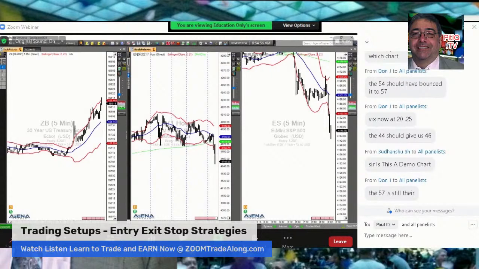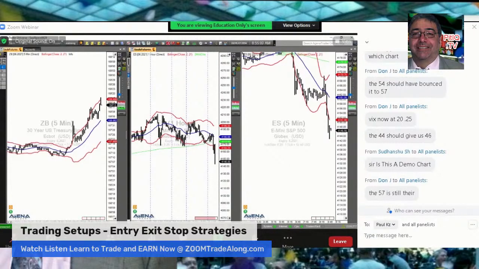this is not a demo chart. This is a live trading chart of the mini S&Ps. Sometimes I wish it was a demo chart, but no, it's a live chart. We are trading a live market.